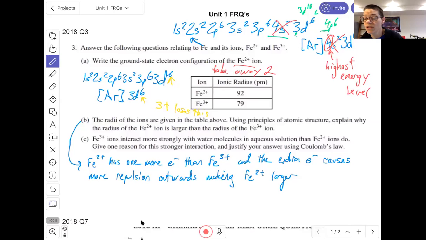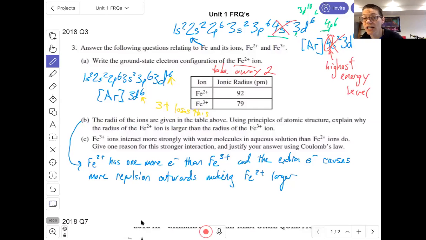So there are 2 possible ways that they can ask about this. They can ask about transition metals that can make a 2+ and a 3+, because those are pretty much the only ones, in which case you want to talk about electron repulsion. The other thing they can do is ask about things that have the same number of electrons. Say, for instance, neon, which has 10 electrons, and fluorine ion, F minus, which also has 10 electrons, and ask about those sizes.